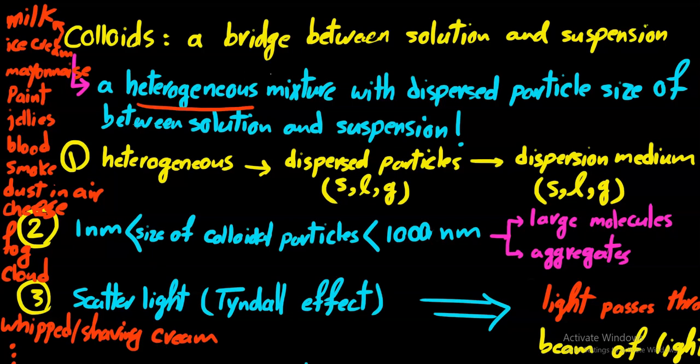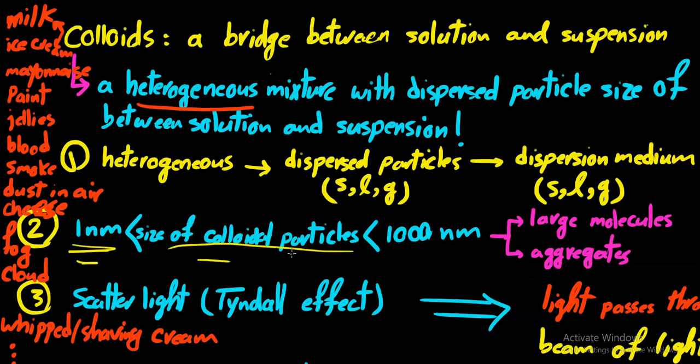As I said, colloids are heterogeneous mixtures with dispersed particle size between solutions and suspensions. It's really important to know that the size of the colloids is usually bigger than 1 nanometer and less than 1000 nanometers. As you can see, solutions have a particle size of less than 1 nanometer, suspensions have a size of more than 1000 nanometers, and colloids have a size between 1 nanometer and 1000 nanometers.